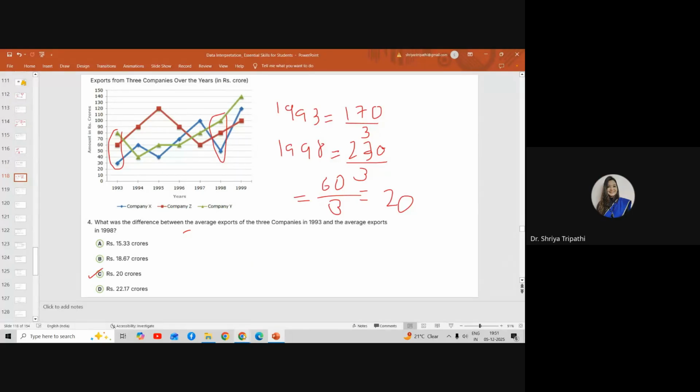Yes, ma'am. 230 divided by 3 minus 170 divided by 3. Denominator is same. 60 divided by 3, we are getting 20. Got it? Everyone is getting the same answer? Yes, no, maybe, please let me know. Yes, ma'am. Okay, done.